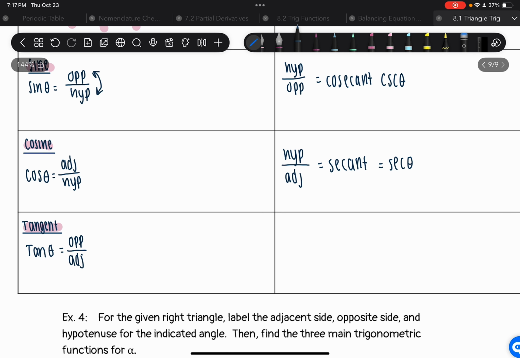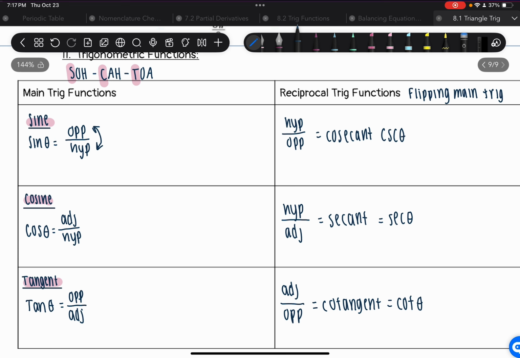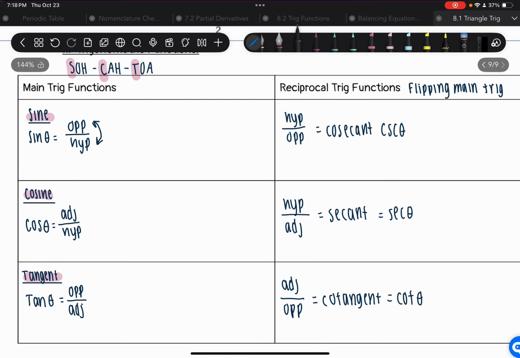And then if we flip our tangent, which is adjacent over opposite, that would give me cotangent. So sine, cosine, tangent, cosecant, secant, and cotangent are my 6 trig functions.